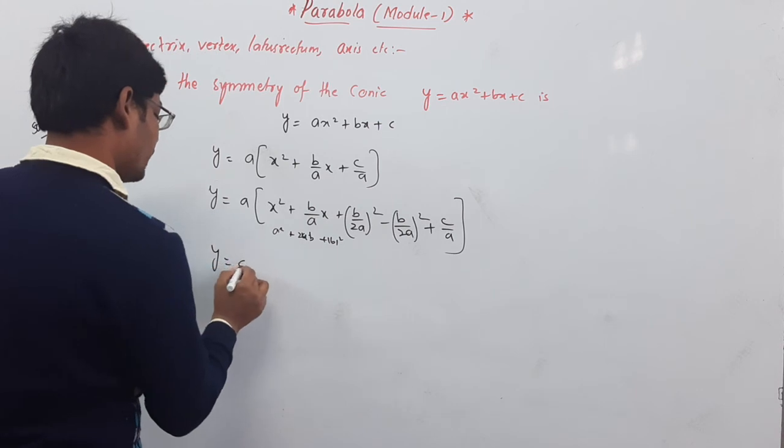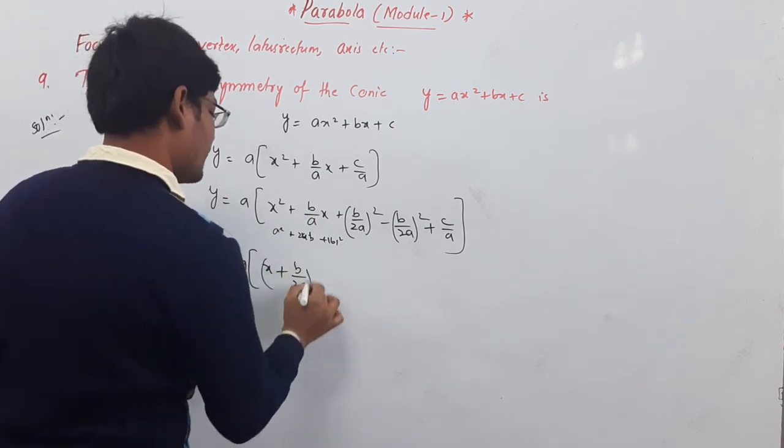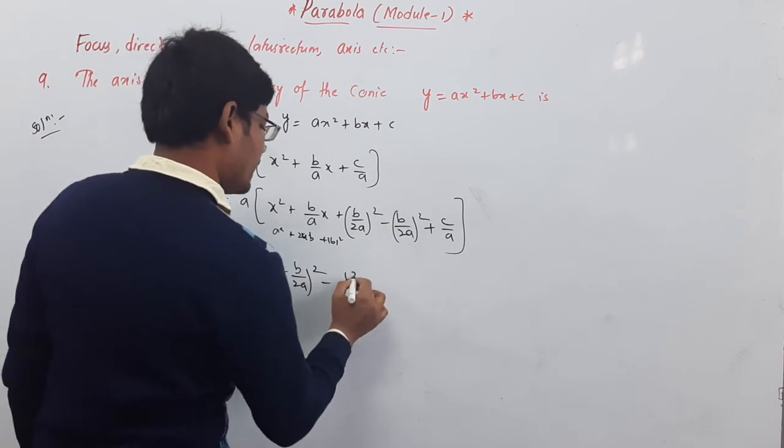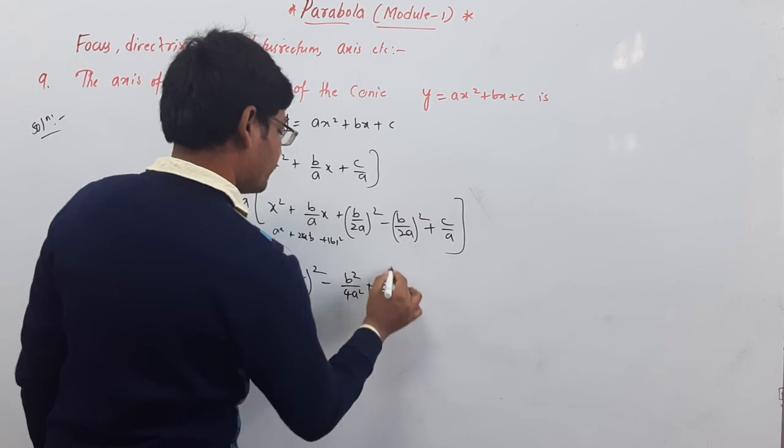So y is equal to a into (x plus b by 2a) whole square, next minus b square by 4a square plus c by a.